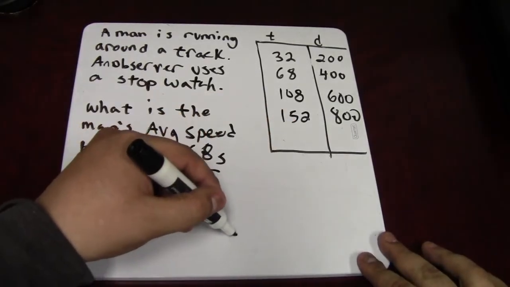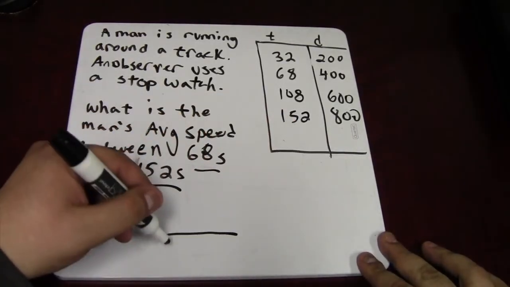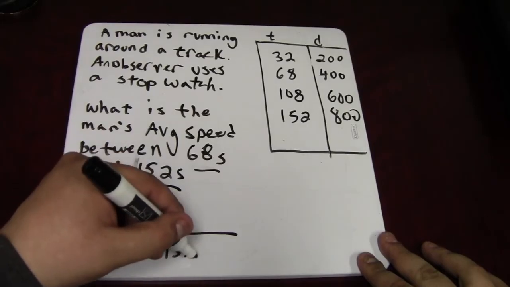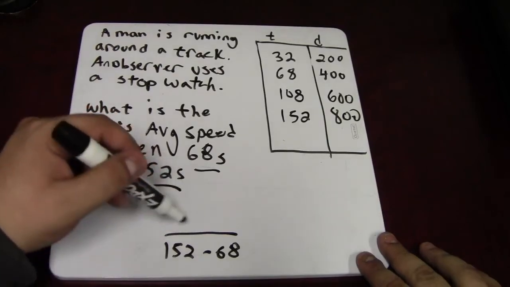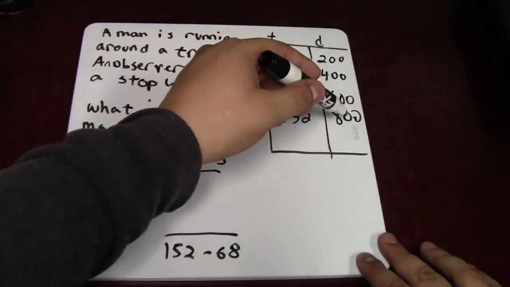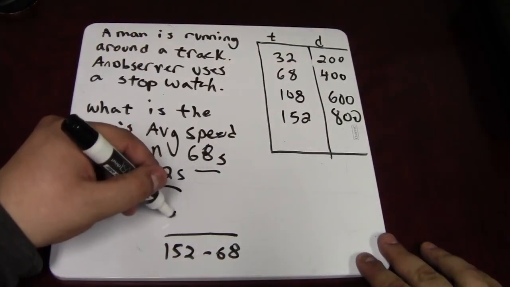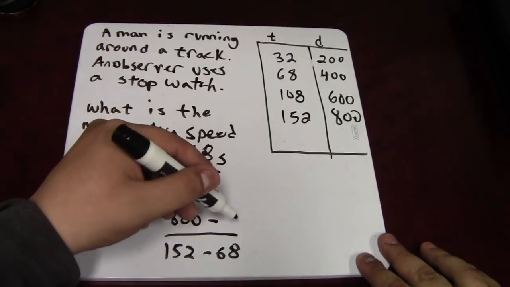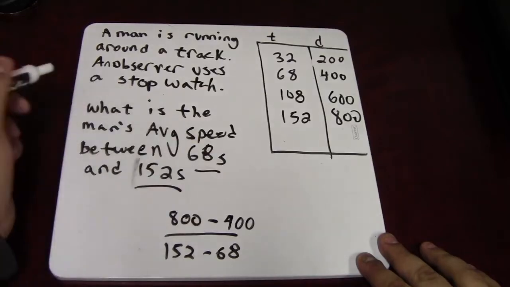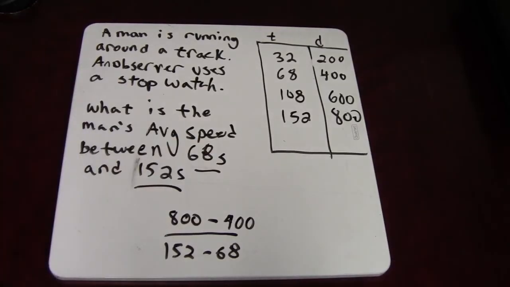We're going to take 152, the bigger number, minus 68, that's what goes down here. And then what goes up here is the distance associated with those times. So 152 is 800, and 68 is 400. So all we have to do now is just figure out what this value is.